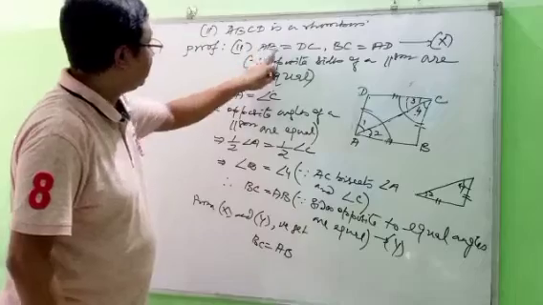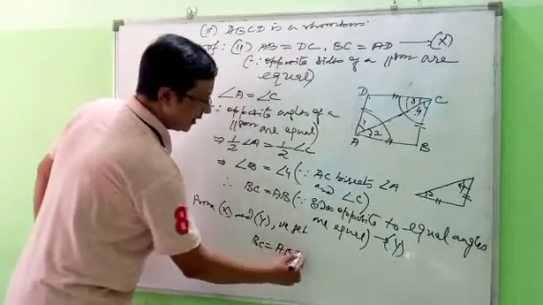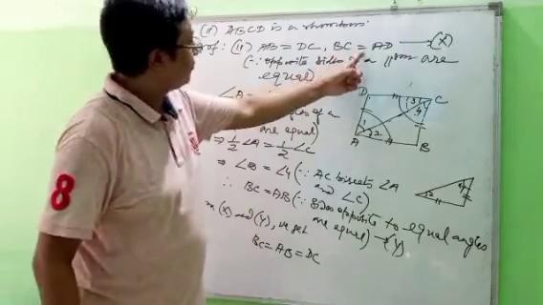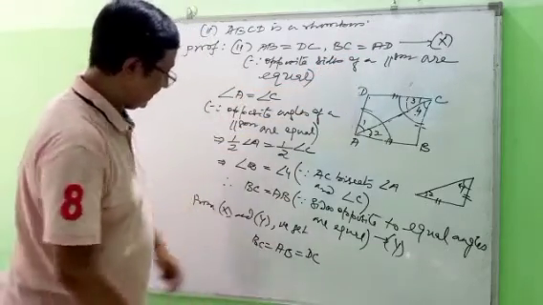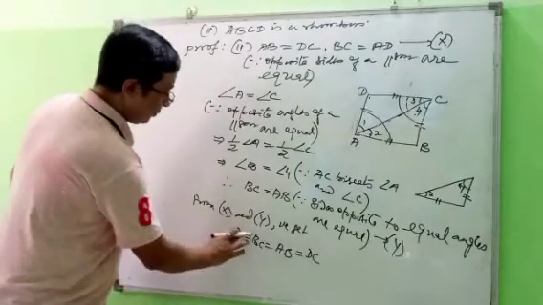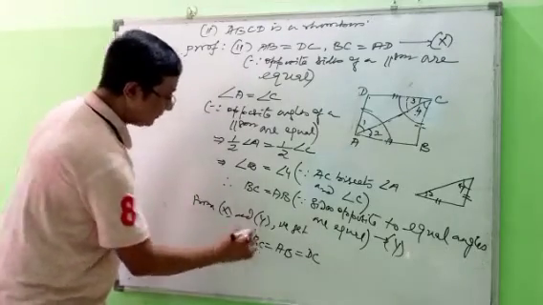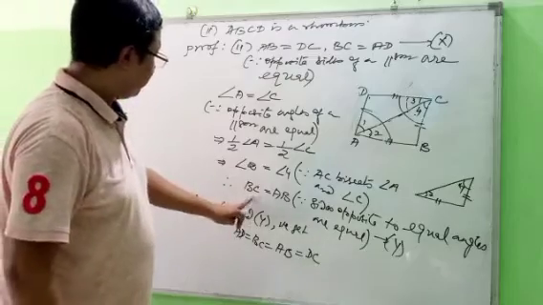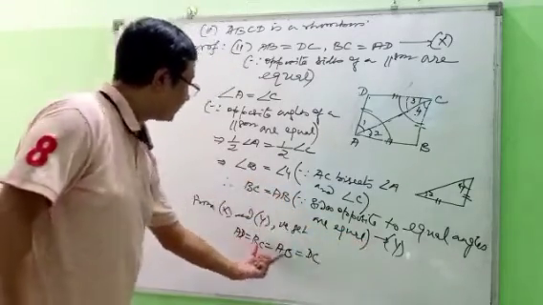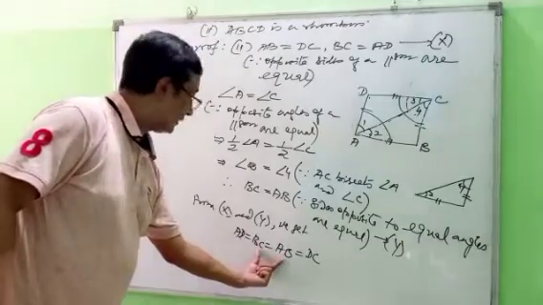Also here AB equals DC. Then here you see BC equals AD. So here BC equals AD. So that means you have got that all the four sides are equal. So you see BC equals AD. This is from equation number y.